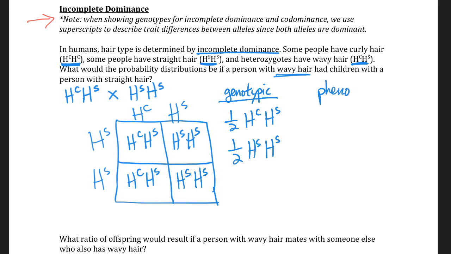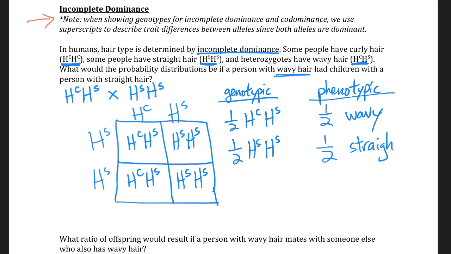For the phenotypic ratio, we're going to have 1/2 is going to be HCHS. HCHS is between straight and curly, which is wavy. So we're going to write wavy. And the other half will be straight. So half wavy, half straight hair.